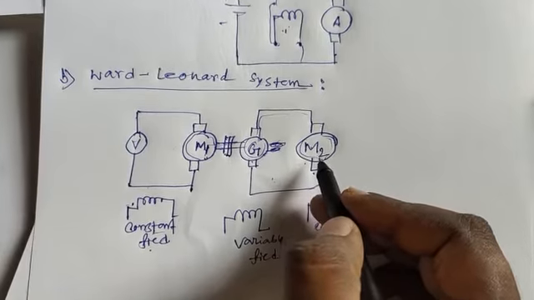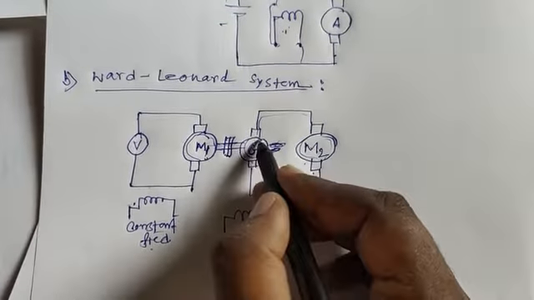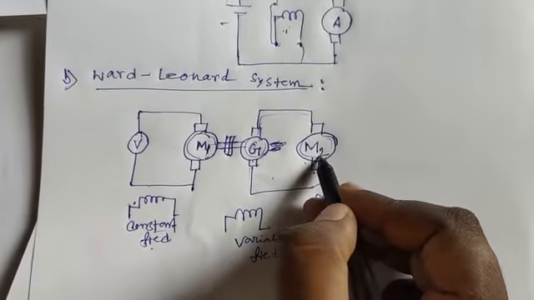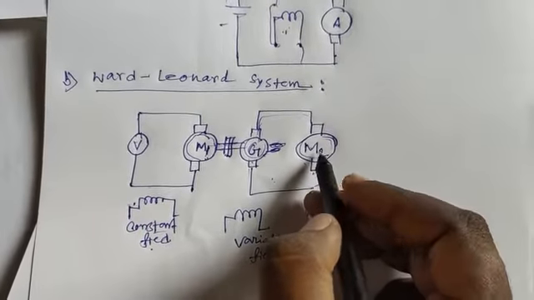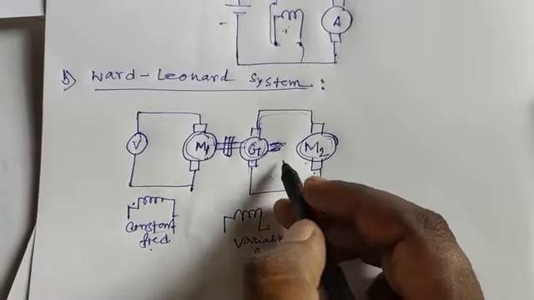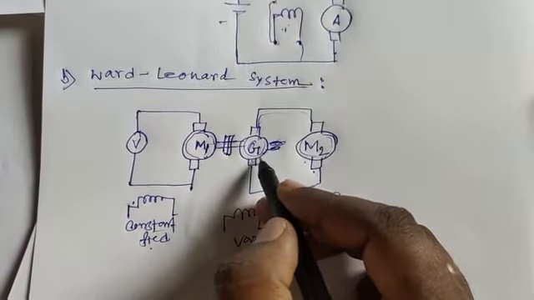The output voltage of the generator controls the motor M2.